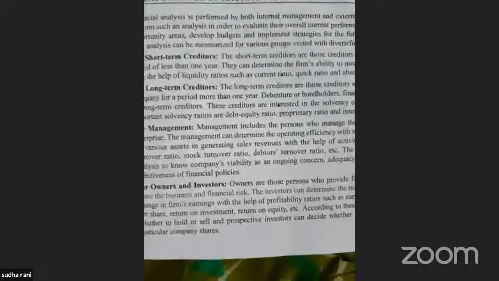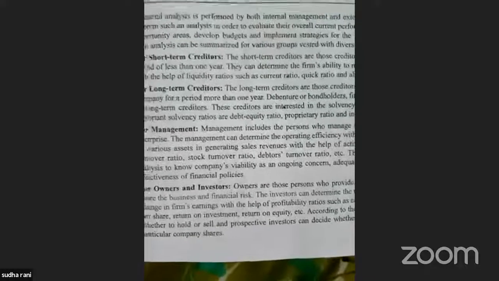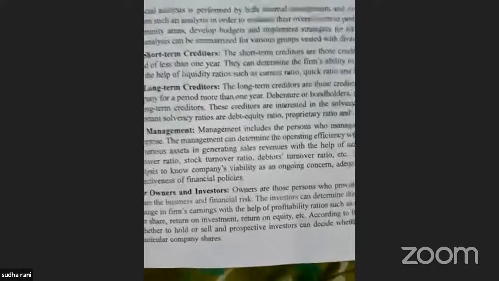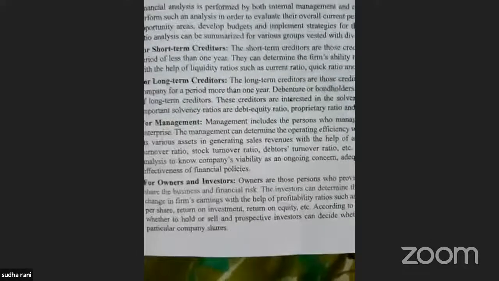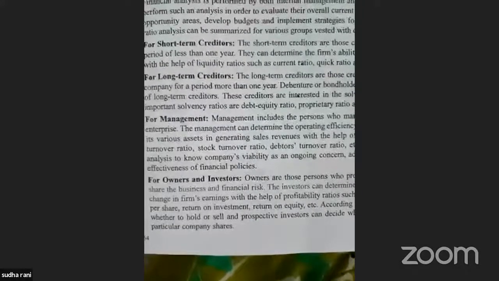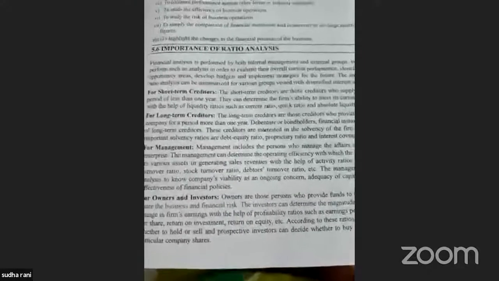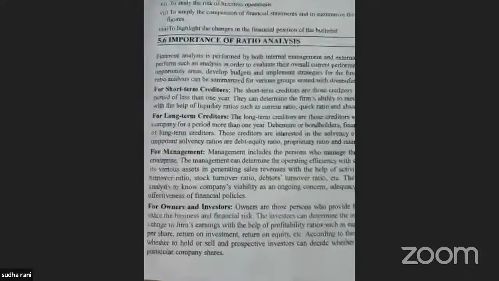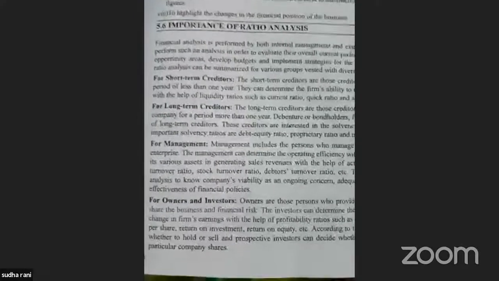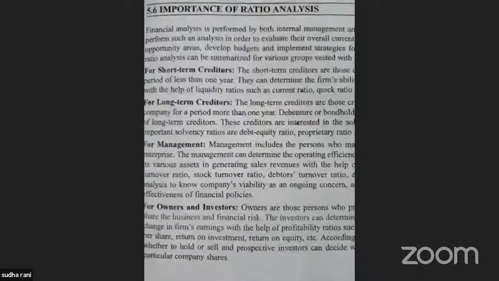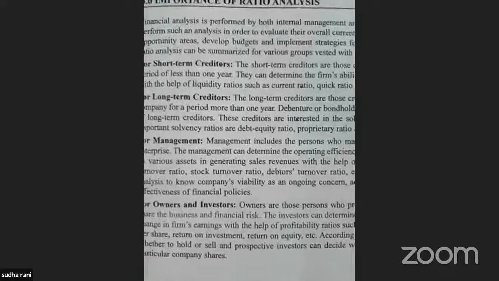To take these kinds of decisions, existing shareholders would like to know. So prospective investors and shareholders are the users, and in order to decide to continue or not to continue, or to invest or not to invest in the company, they use ratios. What type of ratios do they use?